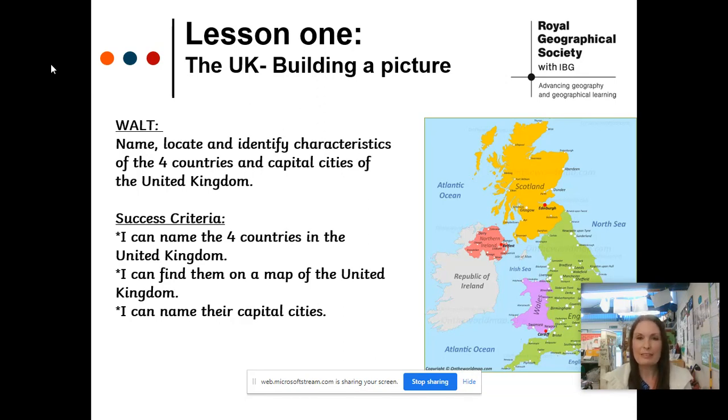Now, to be successful today, we'd like you to be able to name the 4 countries in the United Kingdom and to see if you can find them on the map, and also to see if you can name some of the capital cities.